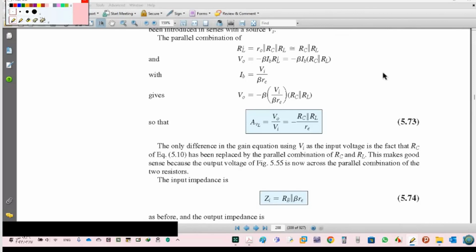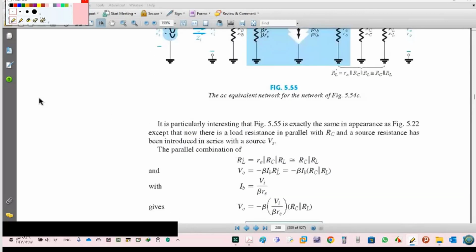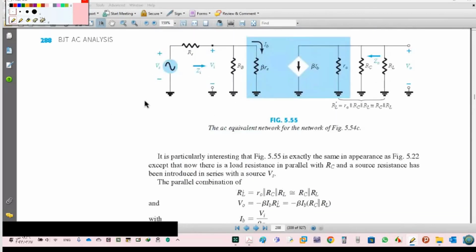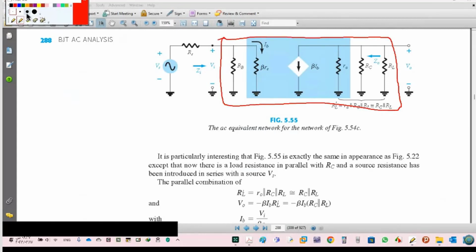Now, how will we calculate AVS? Let's make this circuit like this one. This, from here to here, is called ZI, for example.